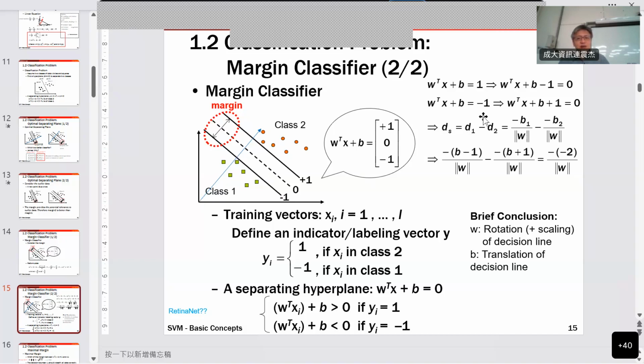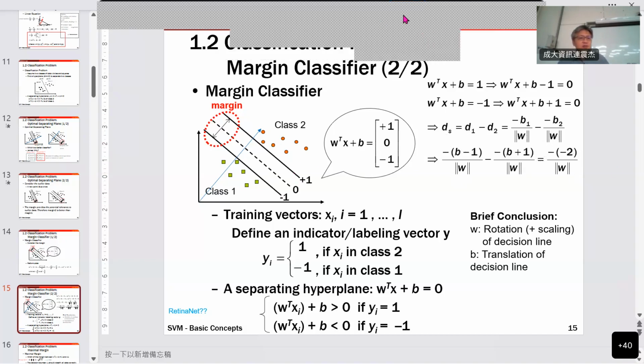So this is the margin. One is b minus 1, the other is b plus 1. So finally, you'll find that the distance between the two lines becomes this.